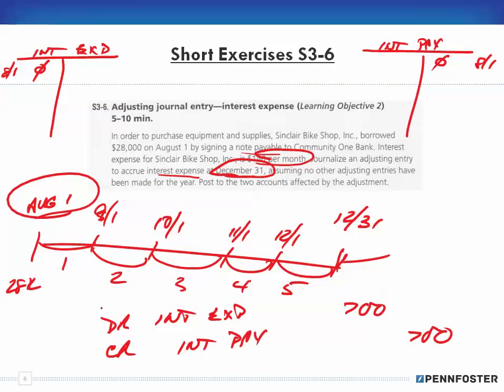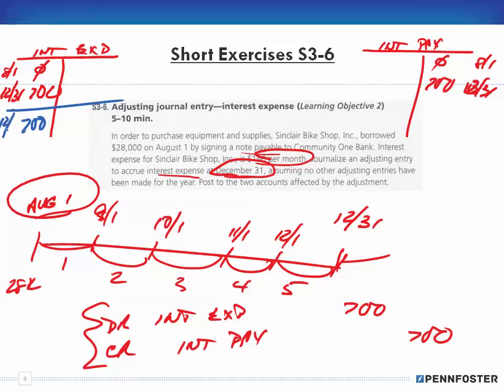Okay, and so that's my journal entry. When I enter it, I'm going to enter it on 12/31 for $700, and that means the balance in my interest expense account is going to be $700 as of 12/31, and it's going to be a credit for interest payable for $700 on 12/31.